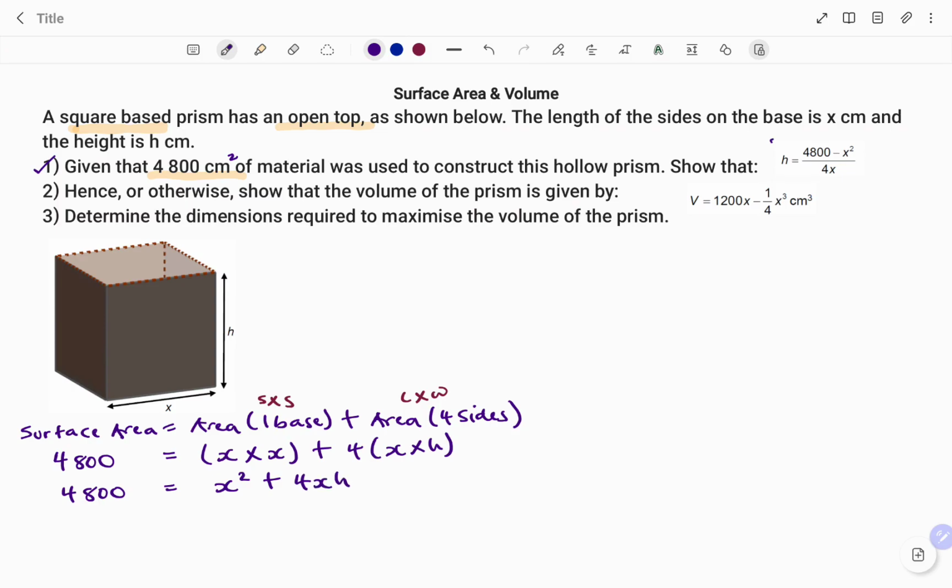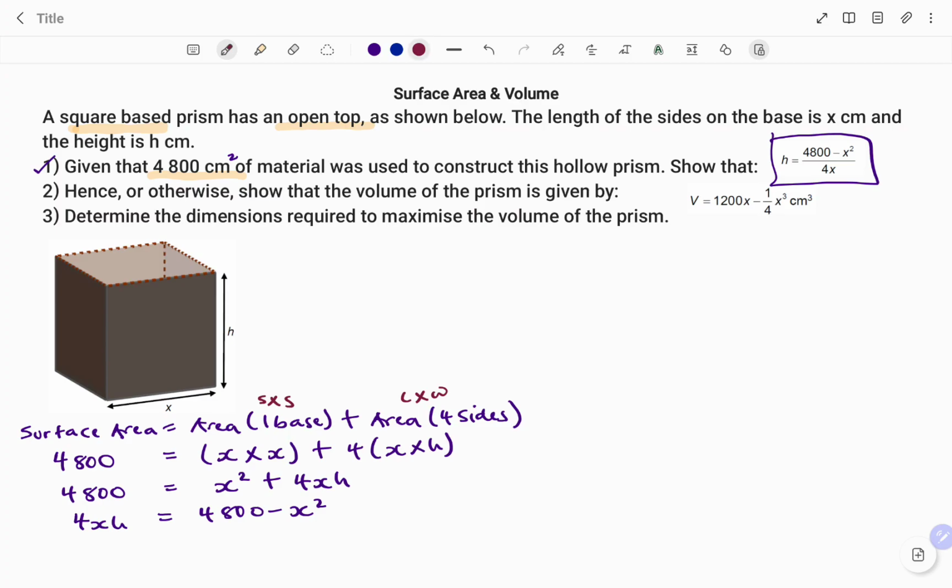We have to make h the subject of the formula, so 4xh, I'm going to make that my subject, equals 4,800 minus x squared.